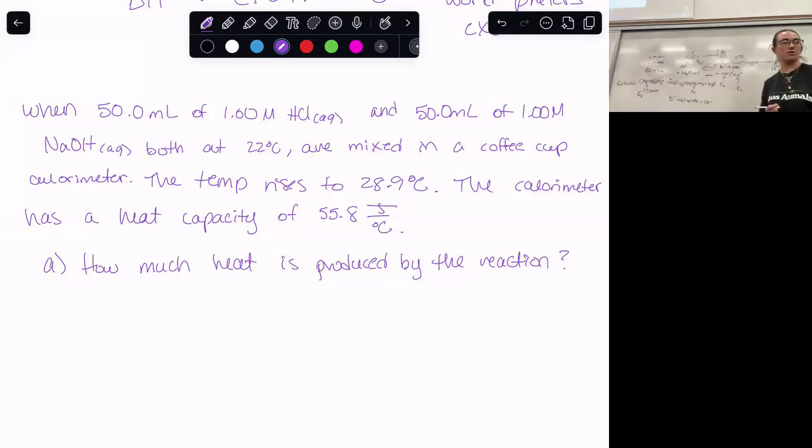Okay, do we know how we're going to solve this one? The Q of the reaction, the Q calorimeter, and the Q solution.